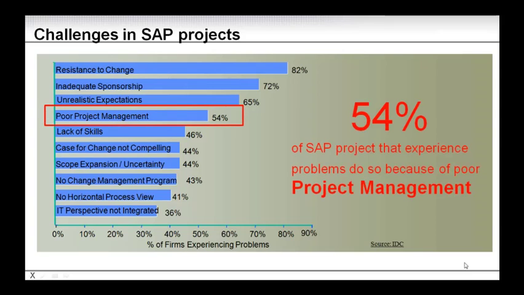And if you see here, actually number 4 on the list is that 54% of SAP projects that experience problems do so because of poor project management. And project management can be the project manager itself, or it can be the methodology and the approach that you're going to take. Nevertheless, 54%, according to this survey, face problems because of poor project management.